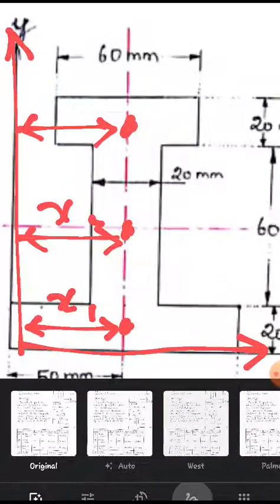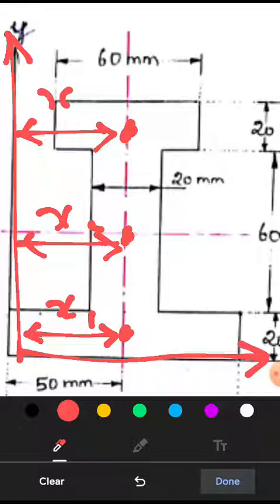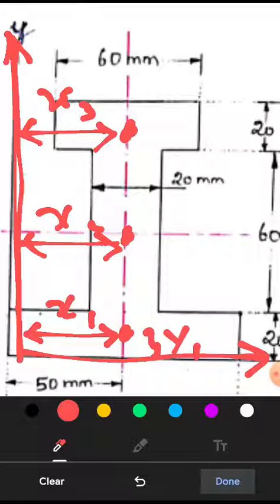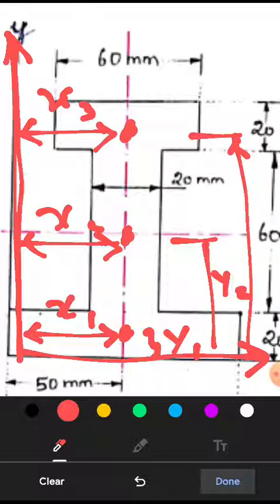These x1, x2, x3 are the centroidal distances away from the reference axis, the y-axis. Similarly, this is your y1, this is your y2, and this is your y3. These y1, y2, y3 are the centroidal distances away from the reference axis, the x-axis.